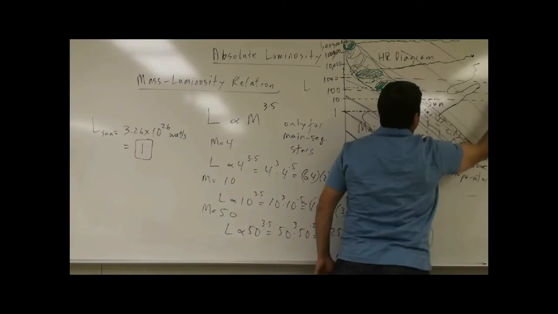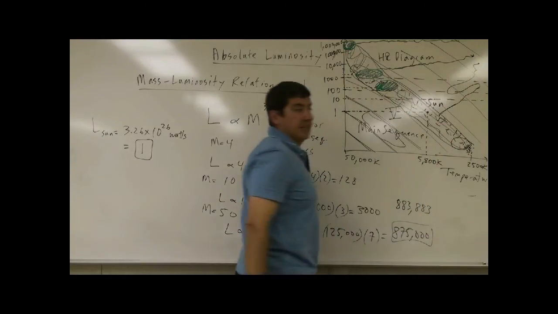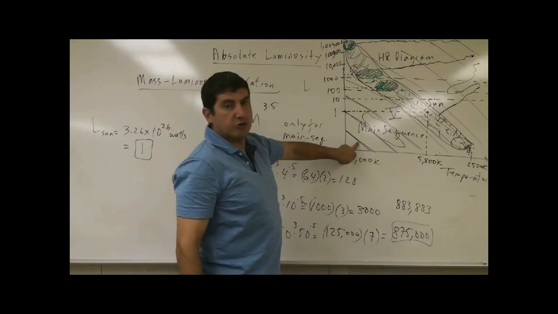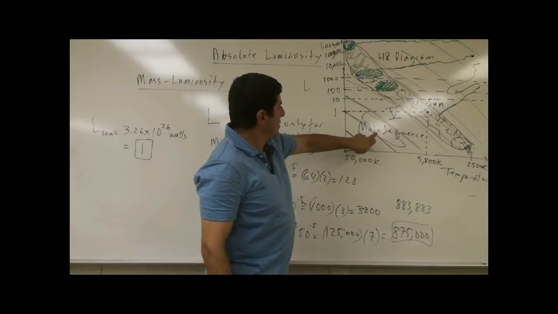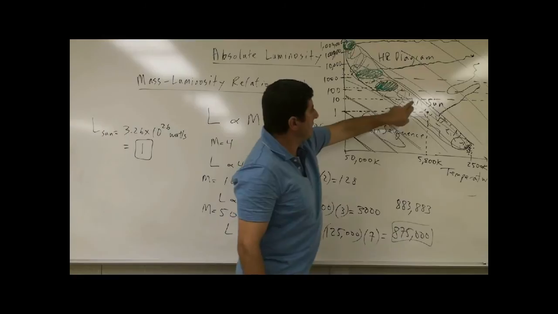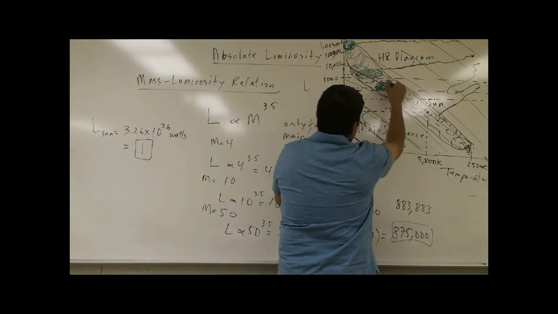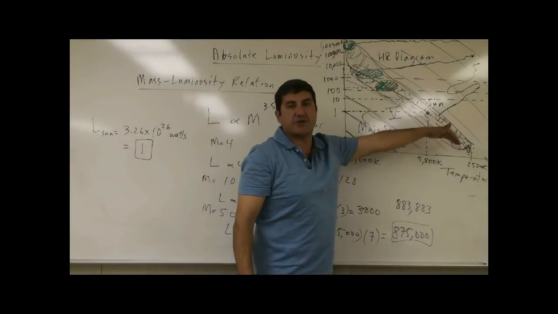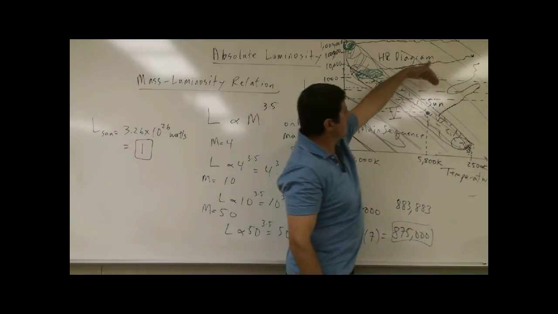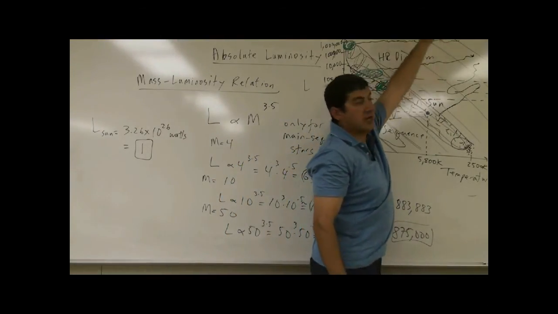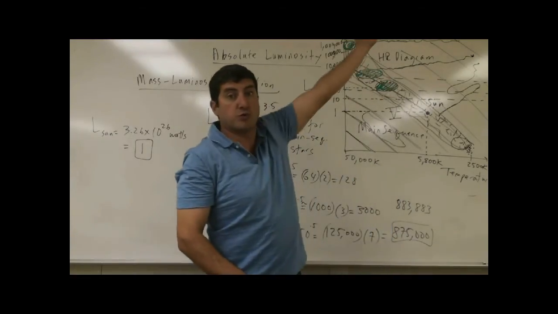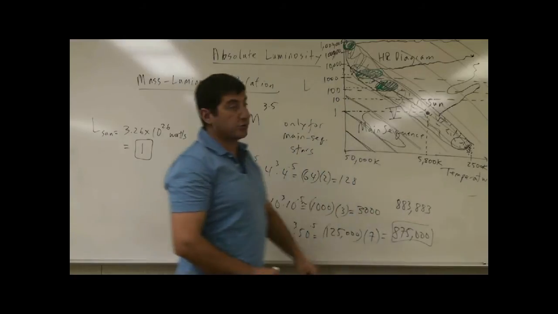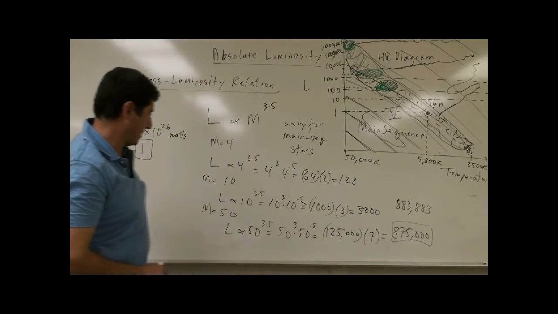So as we're going towards that direction, we're getting bigger and bigger and bigger. So this could be maybe 1,000th the size of the sun, 100th, 1/10th, and then the line that goes through where the sun is, any star on that line is about the same size as the sun, and then 10 times, 100 times, 1,000 times, and 10,000 times. So those would be the really, really, really big stars in the top right corner, okay?